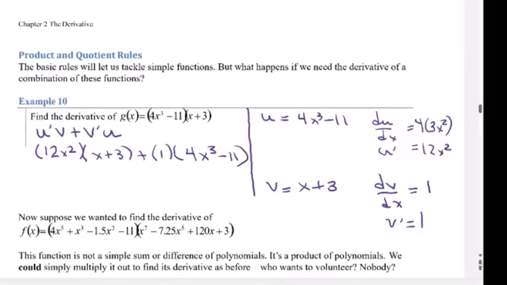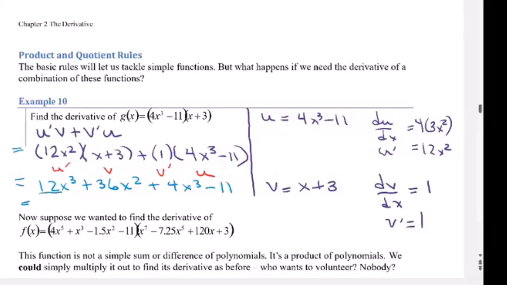Okay, this is u prime v plus v prime u. We can multiply all this out and see if we can combine any like terms. So we get 12x cubed plus 36x squared plus 4x cubed minus 11.